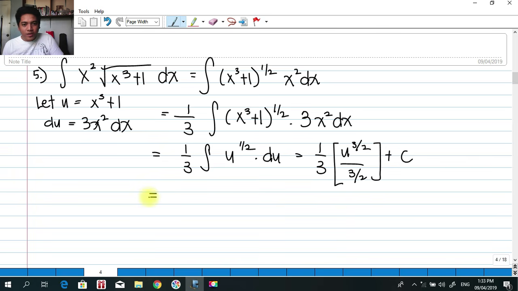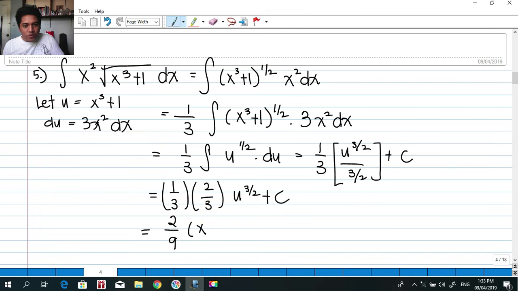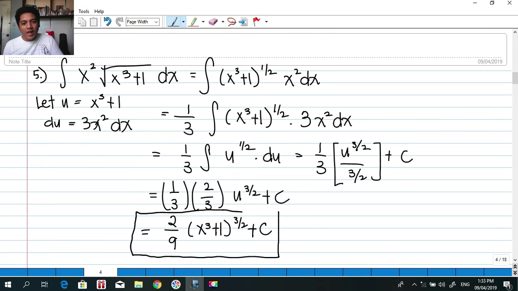And if you simplify that, that would be 1/3 times 2/3 times u raised to 3/2 plus c. So simply, we have 2 over 9 times (x cubed plus 1) raised to 3/2 plus c, where u is x cubed plus 1. So this should be our final answer.